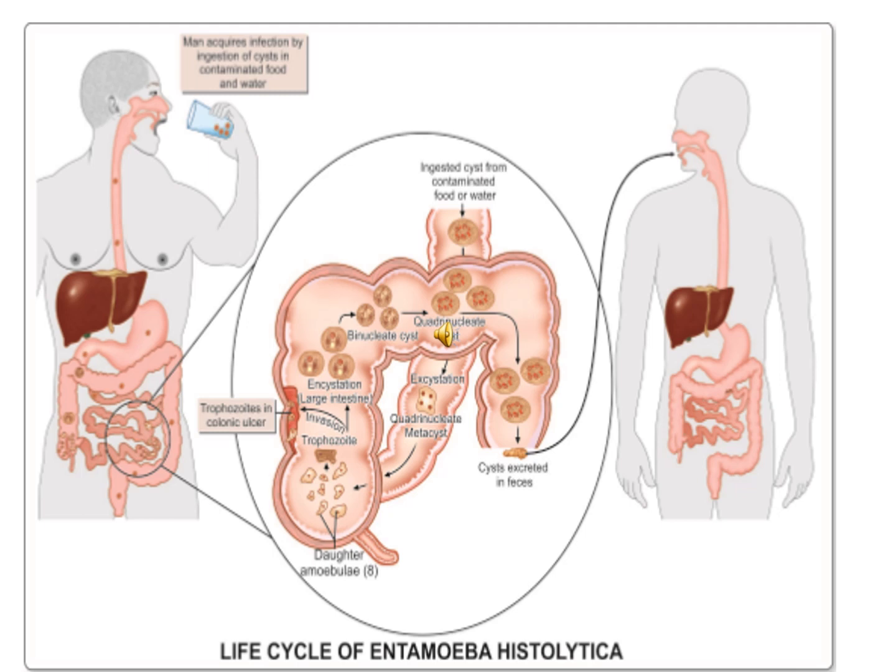So this is the life cycle of Entamoeba histolytica: how they enter inside, mature and cause infection, and how it is excreted in the feces. The mode of transmission is by ingestion of contaminated food or water. The food or water is contaminated by the infective form of the amoeba, which is the cyst form.